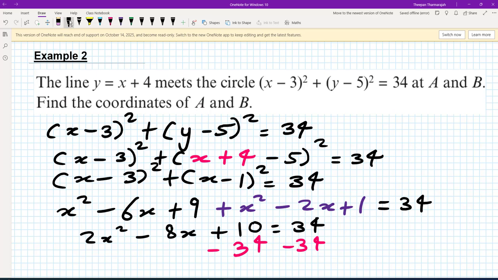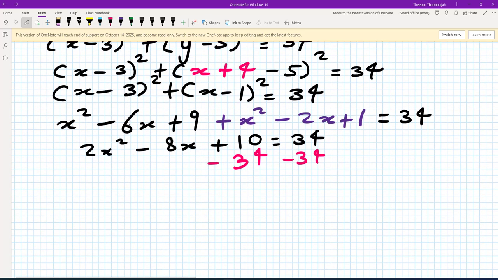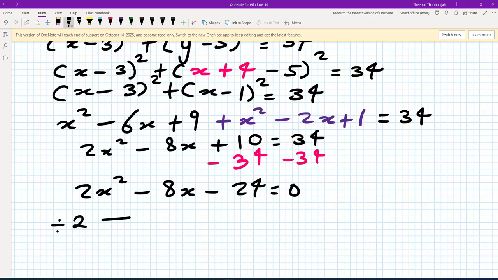So that gives me 2x squared minus 8x minus 24 equals 0. Divide by 2. This implies that x squared minus 4x minus 12 equals 0.